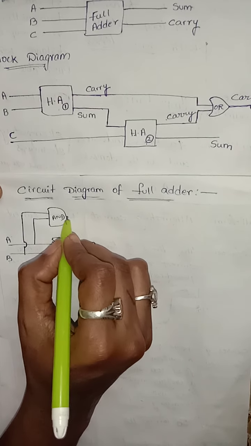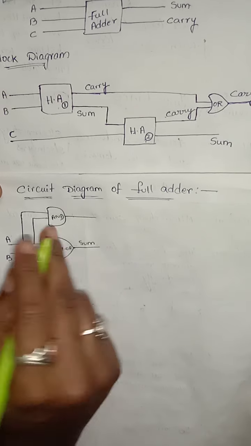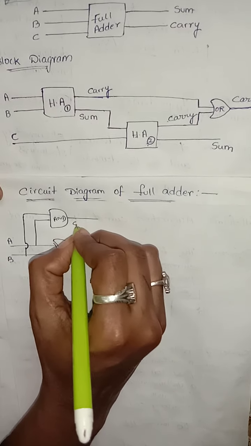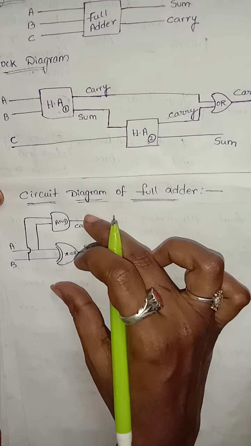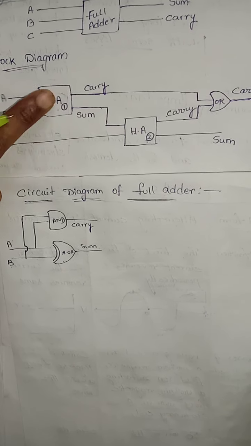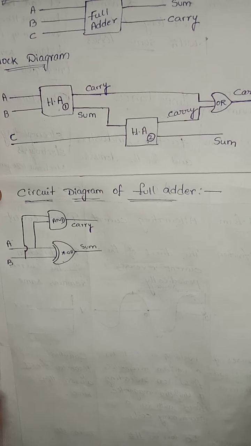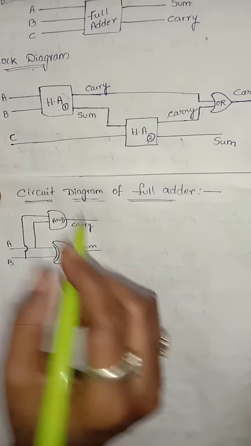Here AND gives the carry. The output of AND is carry. This is the half adder circuit, the first half adder circuit.